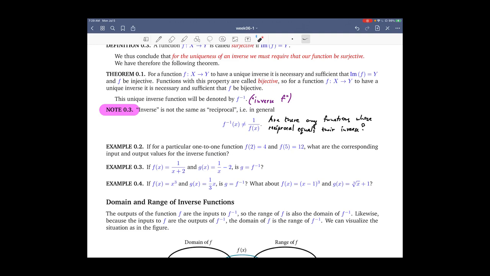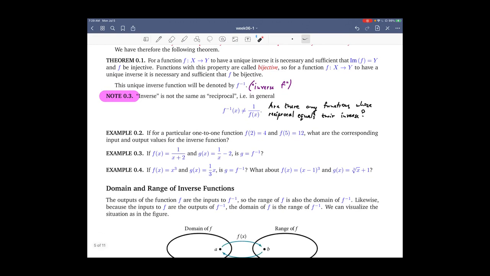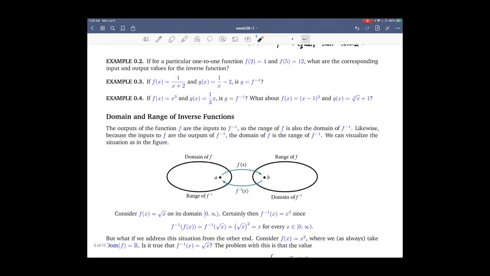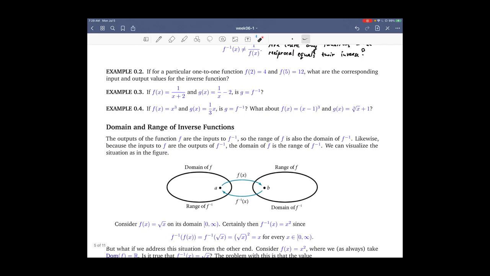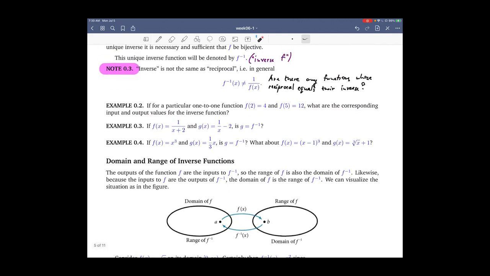Here are some simple numerical examples. In this example, we know that f at 2 equals 4 and f at 5 equals 12. What are the corresponding input and output values for the inverse function?